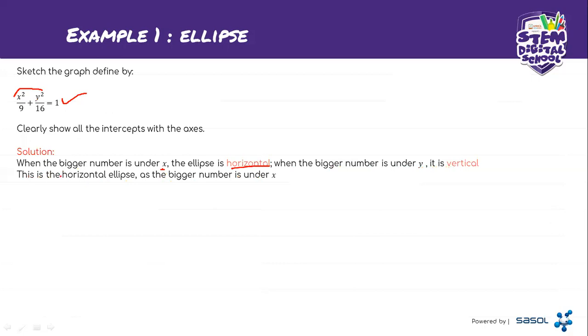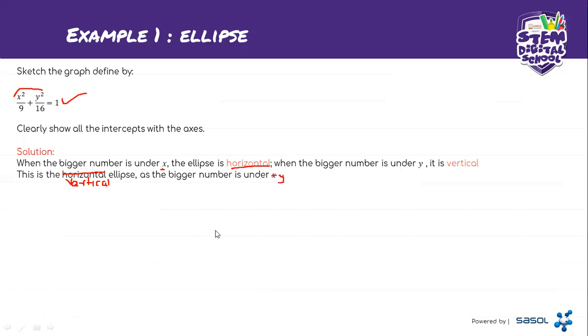So this is the vertical ellipse. Then after plotting that ellipse, you will see that it's going to be vertical. It's a vertical ellipse as the bigger number is under y. This is supposed to be y, not x, right?